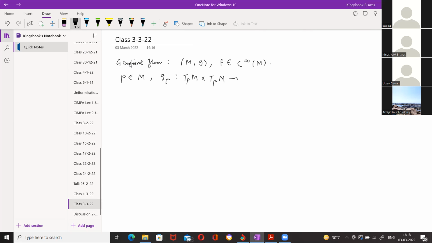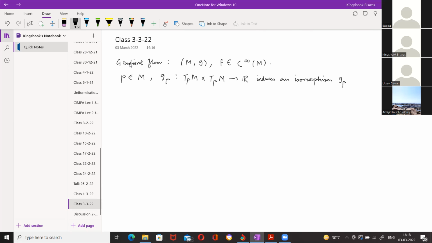So it induces an isomorphism between T_pM and its dual, right?